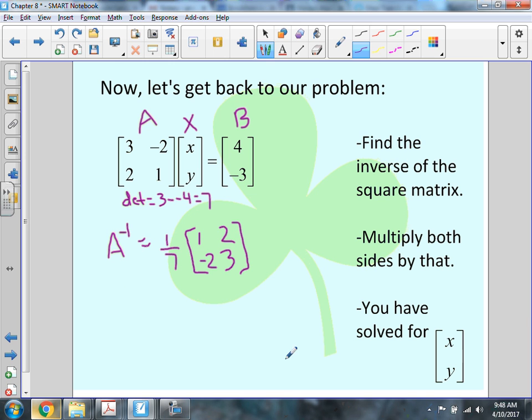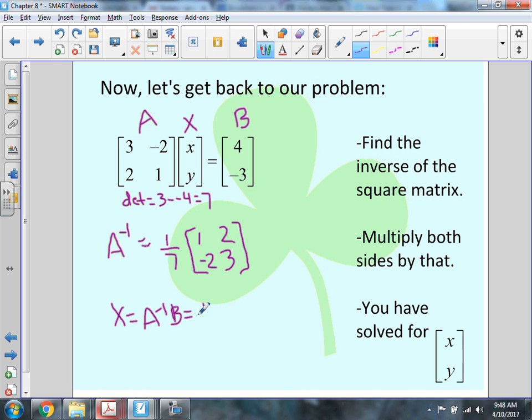So this is A inverse. Again, you flip along the main diagonal, you negate the other diagonal. 1 and 3 are switched, this 2 becomes positive 2, this 2 becomes negative 2. And then our equation is X equals A inverse B that we derived on the prior slide.